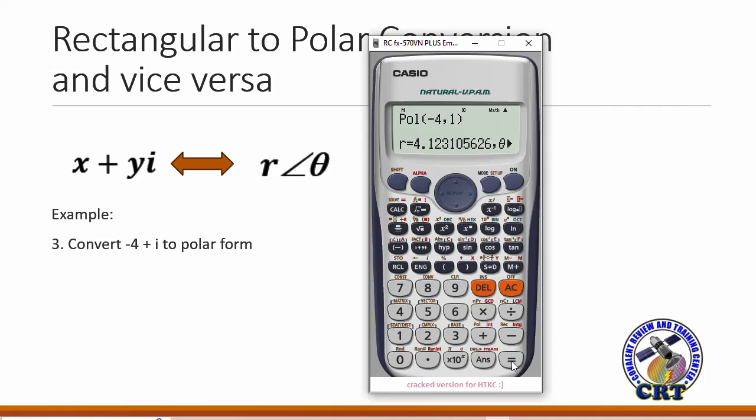So the answer for this is 4.123 and theta is 165.96. Okay? So this is our final answer for number 3. Z equals 4.123 angle of 165.96 degrees.